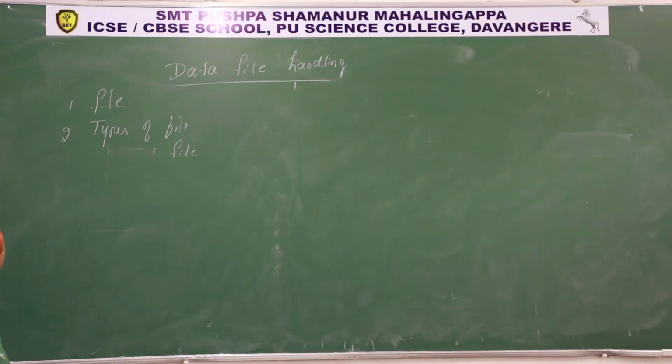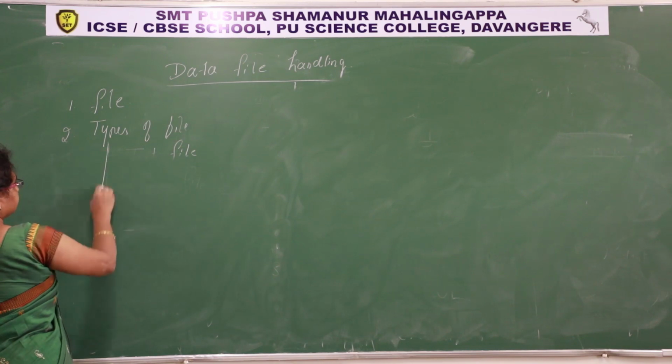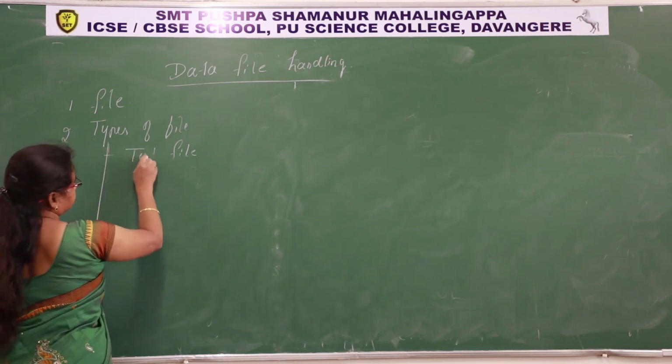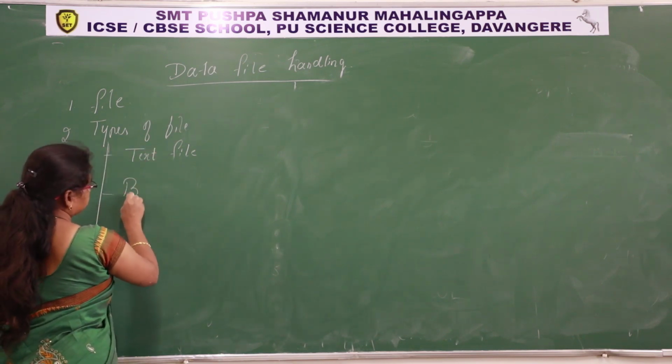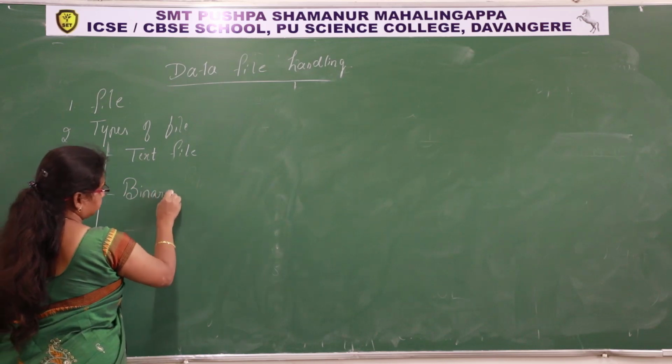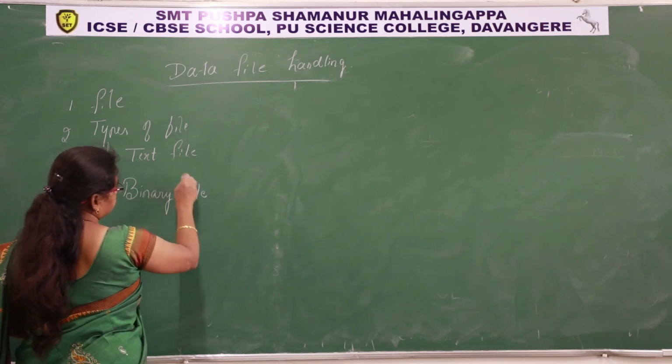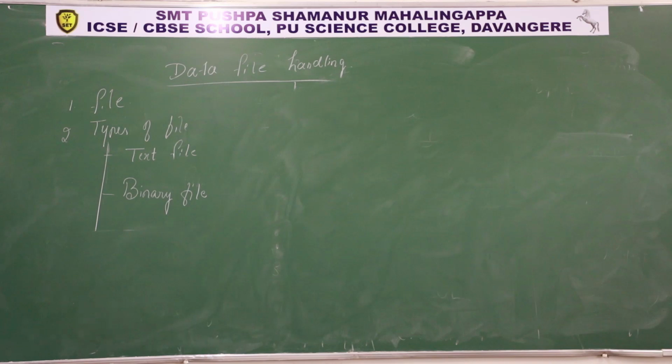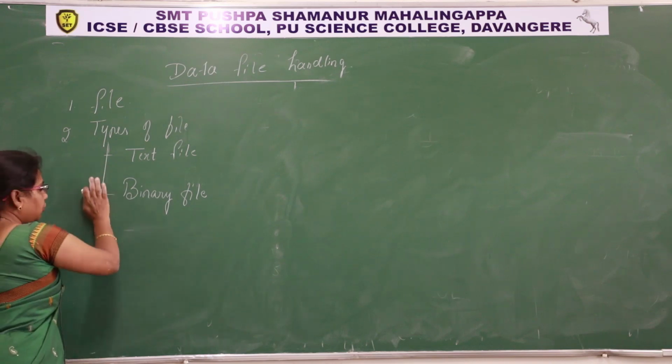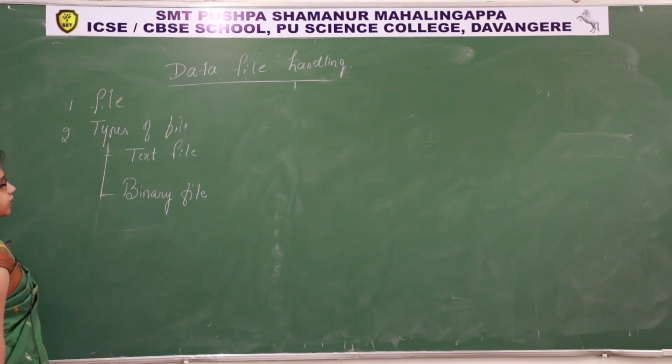Next type, binary file. As we discussed just now, a binary file stores data in the form of binary values, that is ones and zeros.